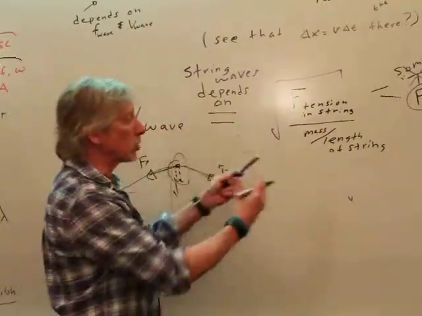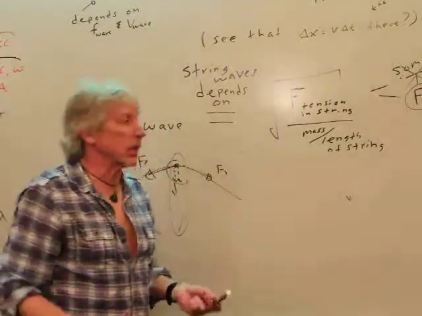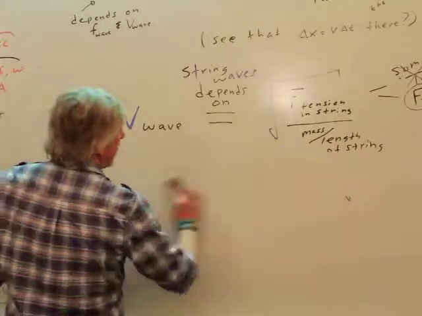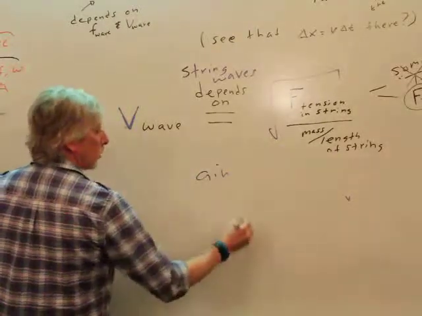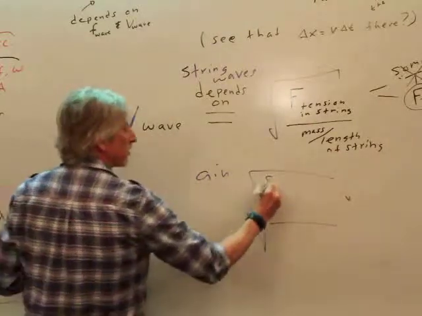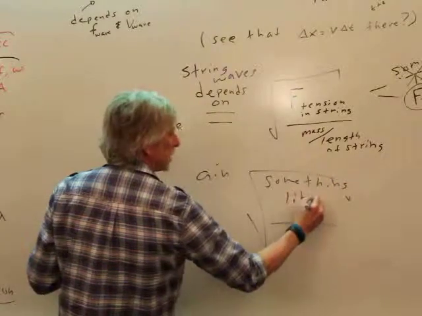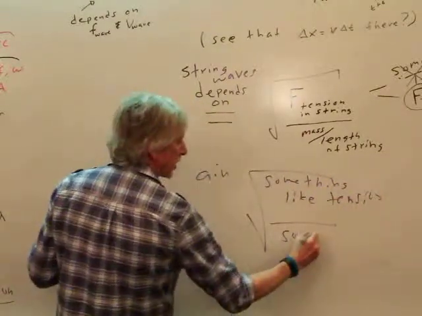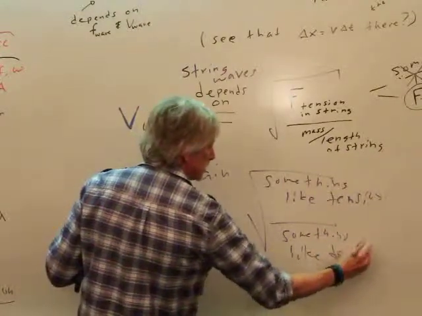So the units got you close. They didn't tell you that it was definitely right. Maybe there was a factor missing. This will get you that derivation. Now what about air? Well, it's the square root of something like tension and something like density.